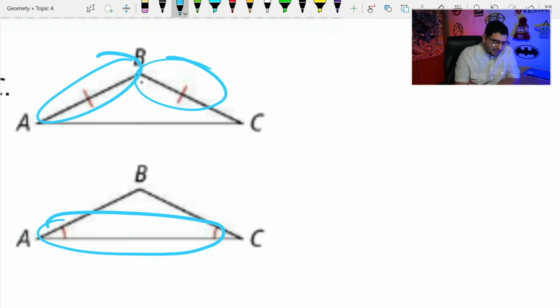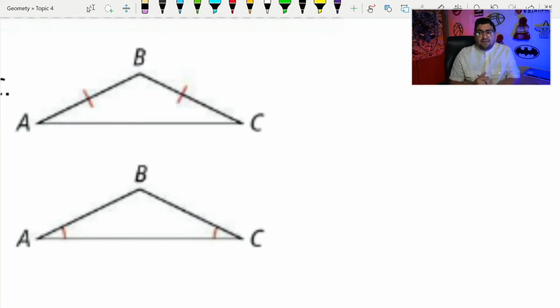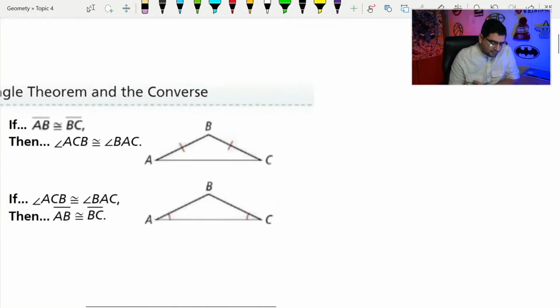This is one of the benefits of an isosceles triangle. A lot of times they'll give us one of these angles or both of them, and we'll have to find the side lengths. We use the properties of isosceles triangles to help us find extra side lengths or extra angles, and that's what we're going to look at right now.